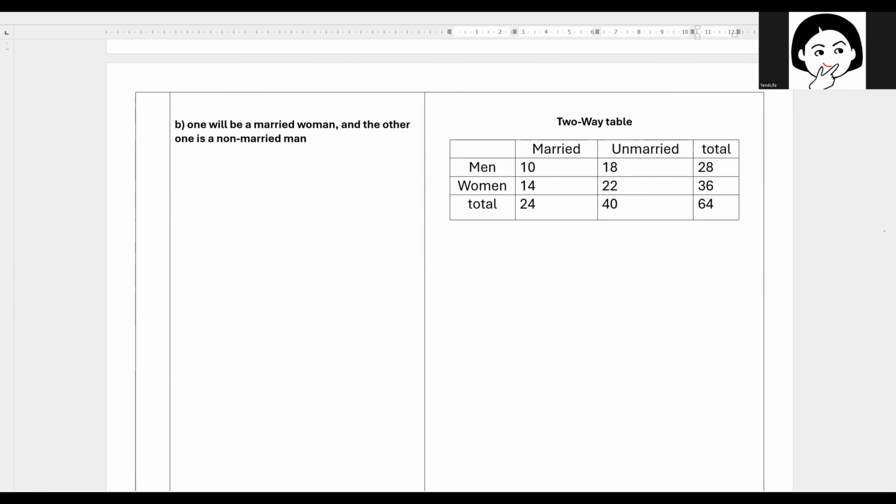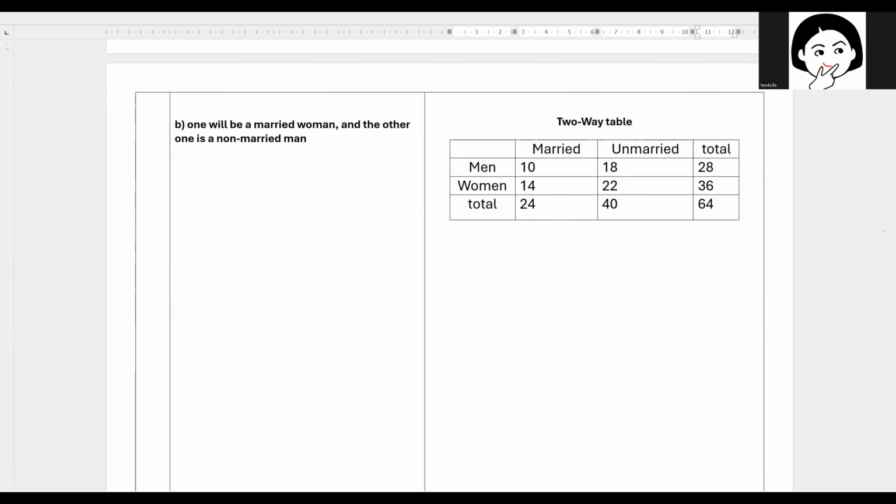Part B. Find the probability that one will be a married woman and the other one is a non-married man. I put the two-way table nearby so we can use all the information. Now there will be two cases, wouldn't there? If I pick a married woman first, then I'll pick a non-married man.